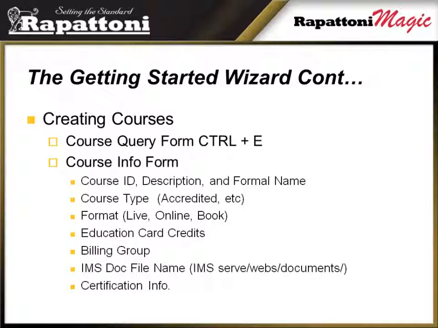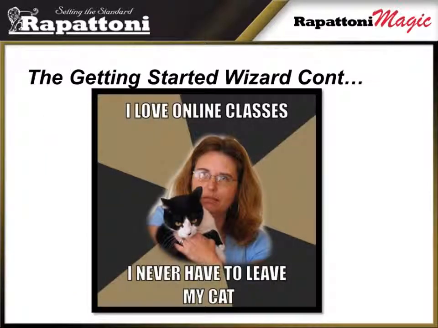You can post your document, which you want to save in your IMS server, webs, documents, and then also the certification information. So again, whether your course is going to be a classroom live format through a book or a video, or even online, this is where you set it up in the course information form.